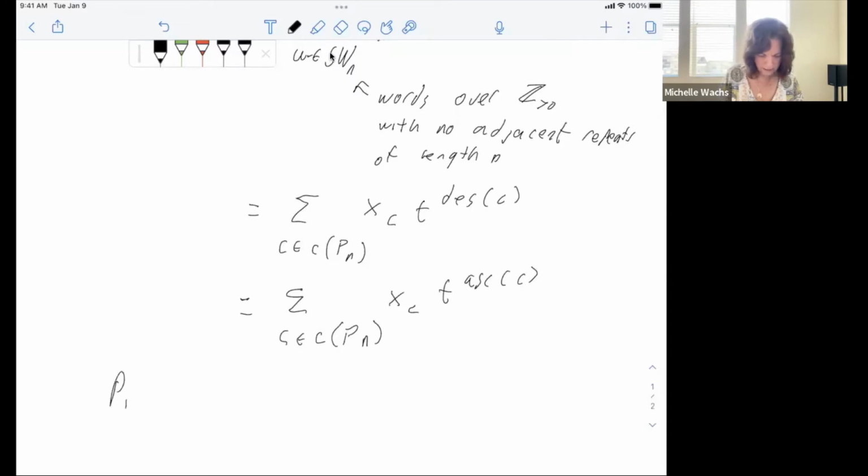The P_n was the path. The descent of a coloring and the ascent.